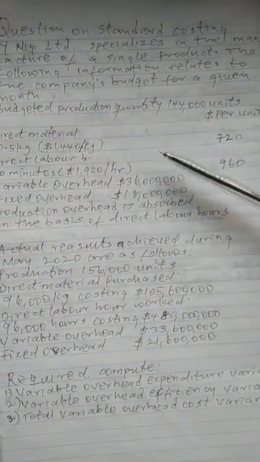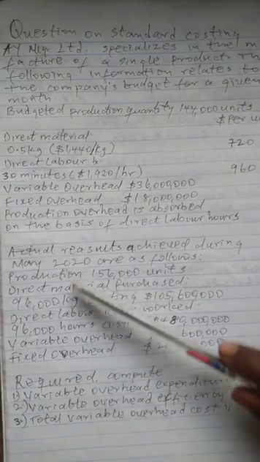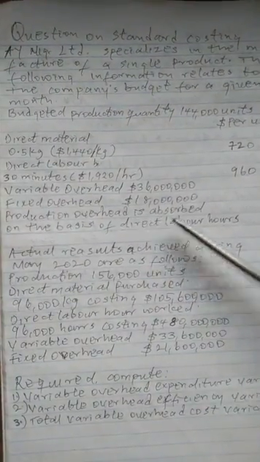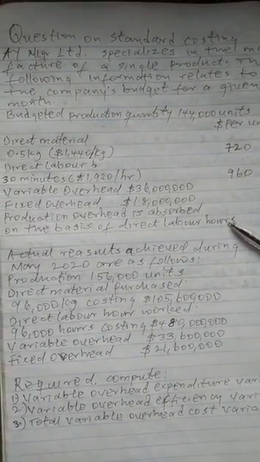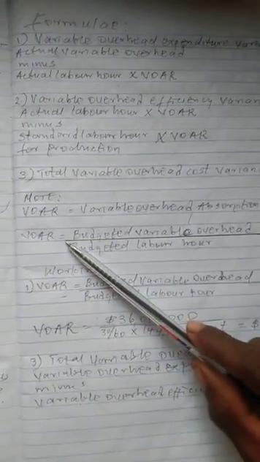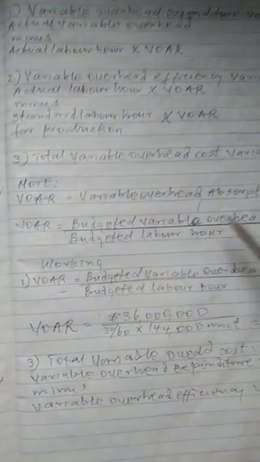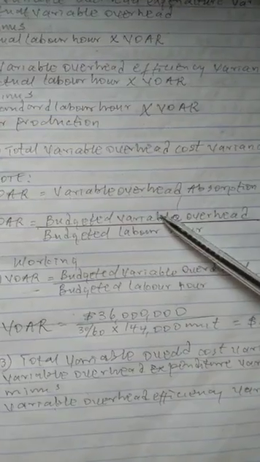It depends. But in this case, the question says production overhead is absorbed on the basis of direct labor hours. So that's going to be our basis. And look at this now: variable overhead absorption rate is equal to budgeted variable overhead divided by budgeted labor hour. So you must know how to calculate that.